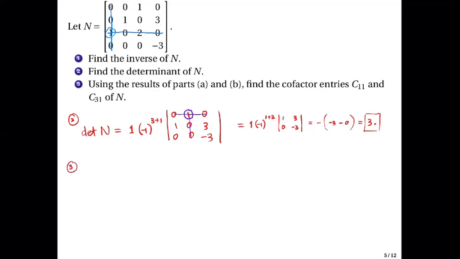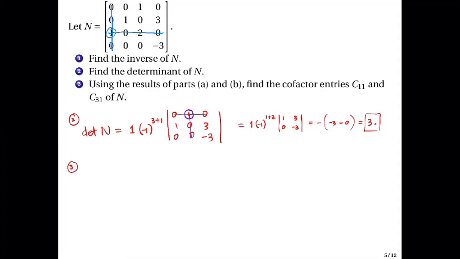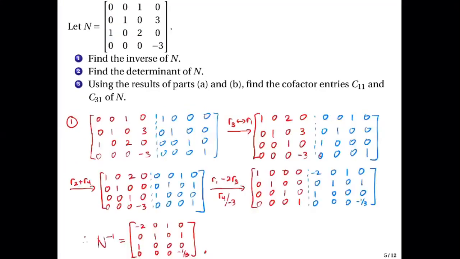For number 3, we use the results of part 1 or part 2 to find the cofactor entries C11 and C31. Now look, you have the determinant in part 2. You have the inverse in part 1.